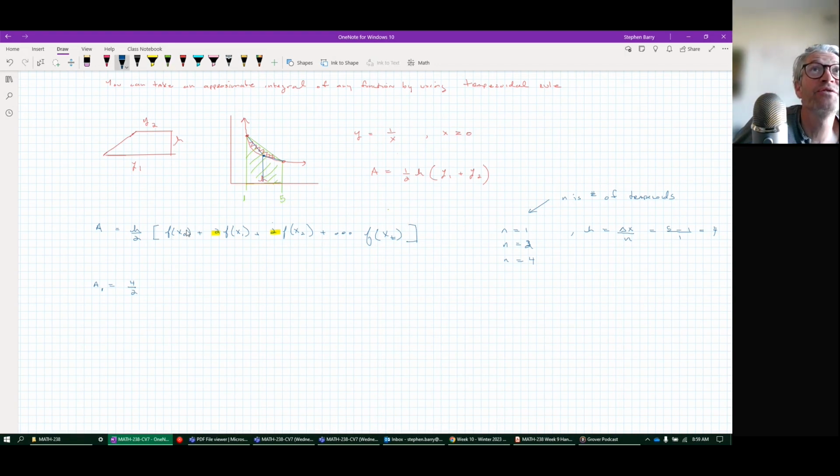What is x at the first value? Well, x at the first value is 1, so 1 over 1. Now, if there's one trapezoid, there's just the first one and the last one. There's no intermediate values here. So then plus 1 over 5.